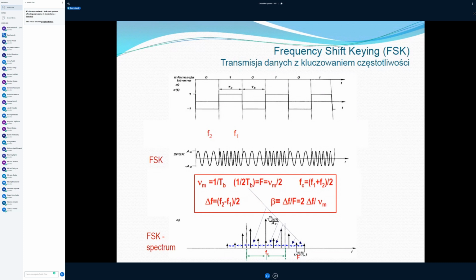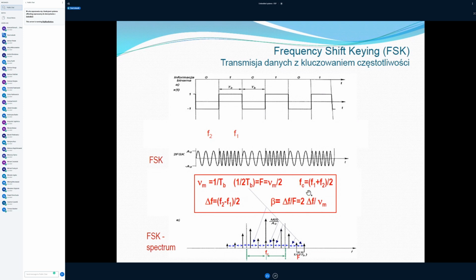So we call it F frequency, but in fact it is twice smaller than the modulation frequency, or modulation rate, maybe it will be better said. Then we have this carrier, which is the average of two frequencies for 1 and for 0.